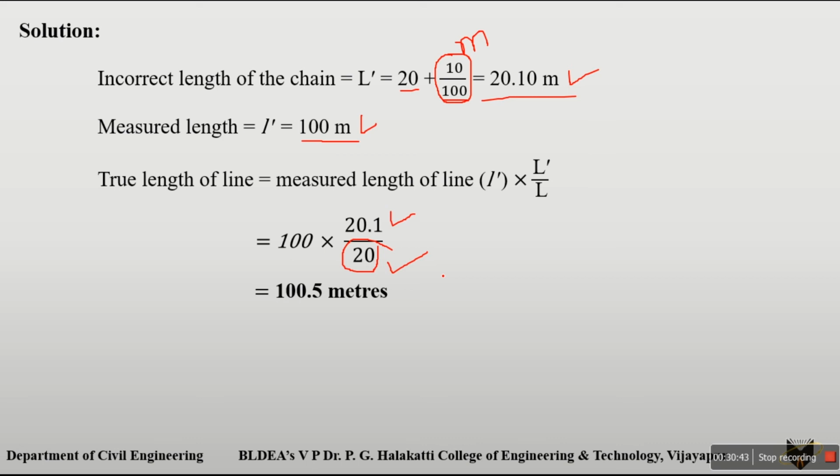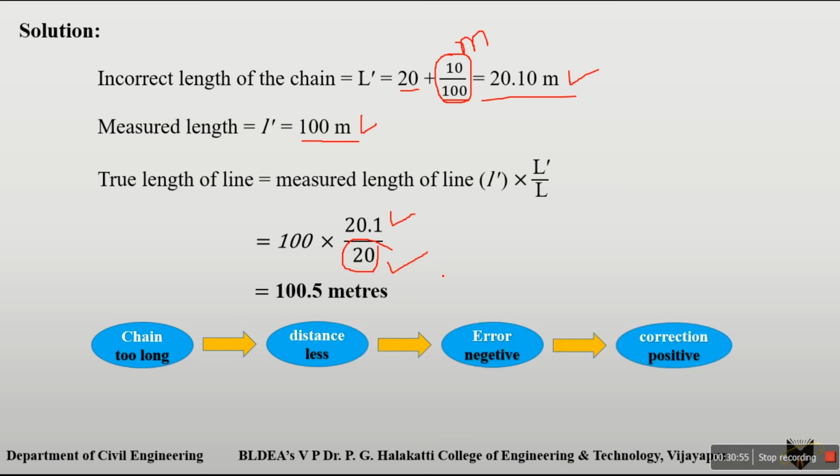This is our accurate length with respect to the points. So just remember that one: if the chain is too long, the distance is less, the error is negative and the correction is positive.